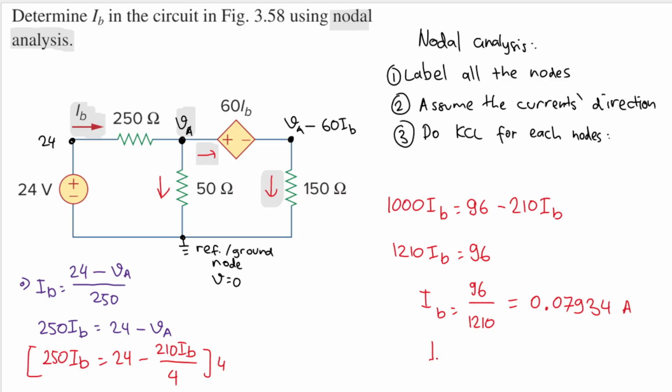We can convert that into milliampere, and we will have 79.34 milliampere. That is the value of IB, which is quite tricky to find. Hopefully this will help you to solve this problem.